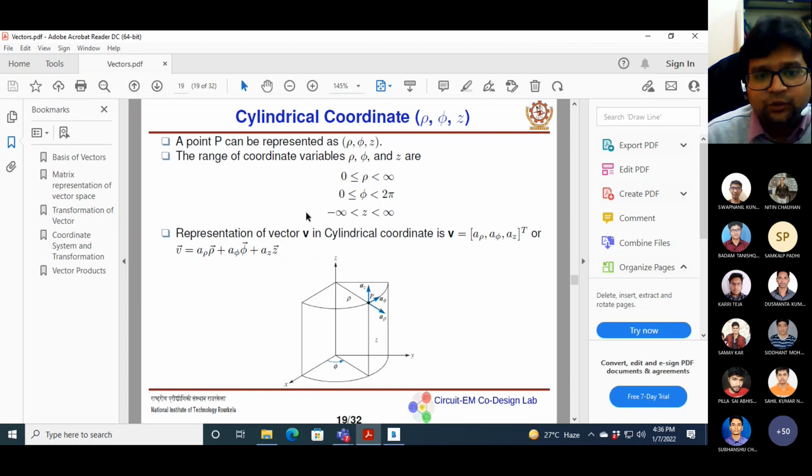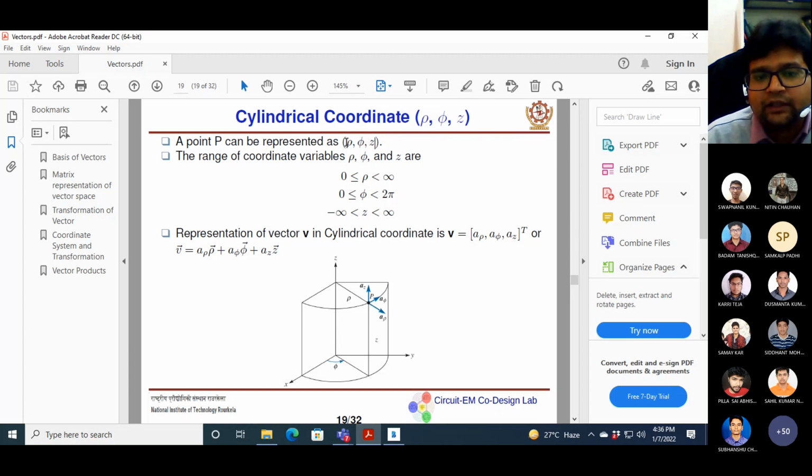Now the next coordinate system is the cylindrical coordinate system. In the cylindrical coordinate system, how are the directions defined? That you need to understand. Let's say you have a point P, and P has three things: rho, phi, and z. These are the coordinate variables.